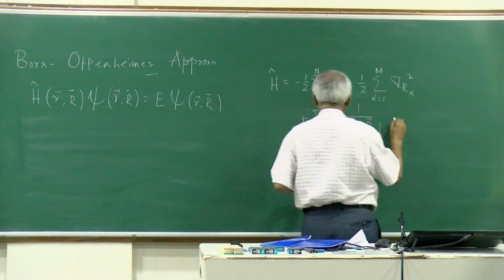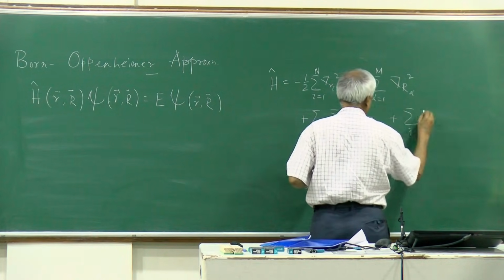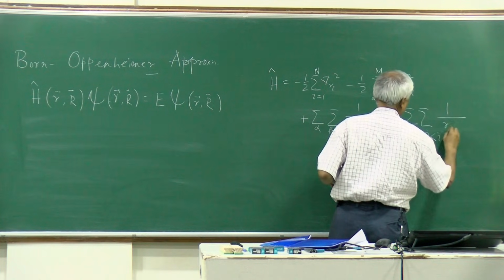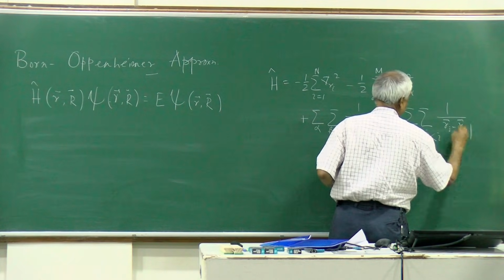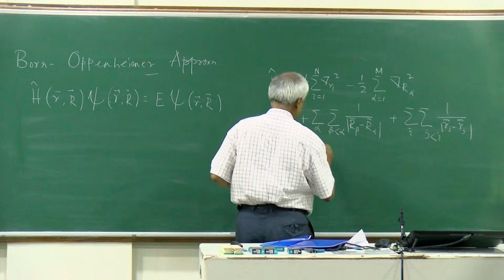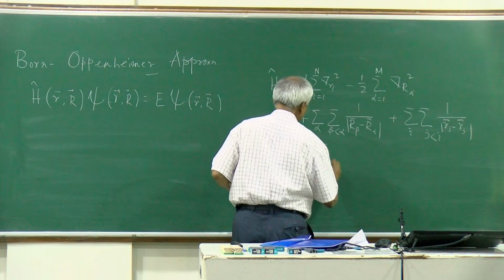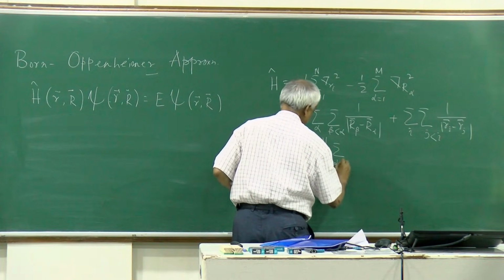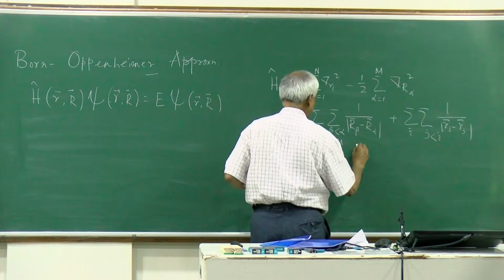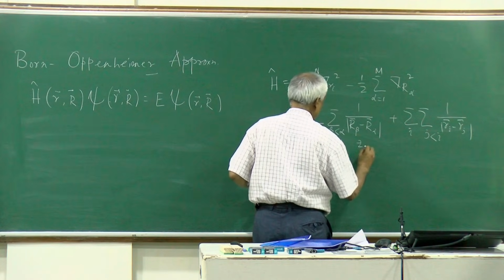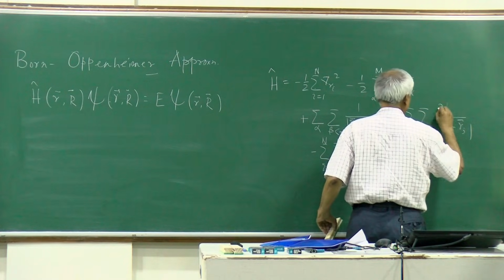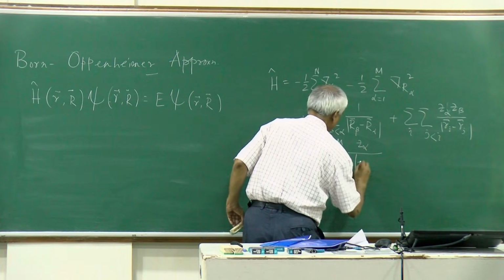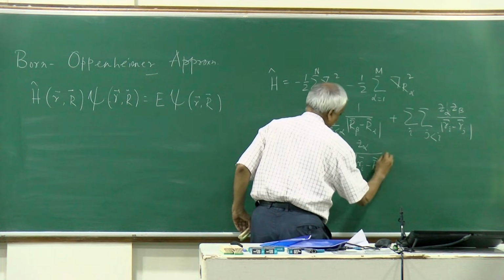So plus sum over i, sum over j less than i, 1 by r_i minus r_j, minus i is 1 to n, alpha is 1 to m, say, Z alpha here, Z alpha, Z beta will be there, Z alpha by r_i minus R_alpha.